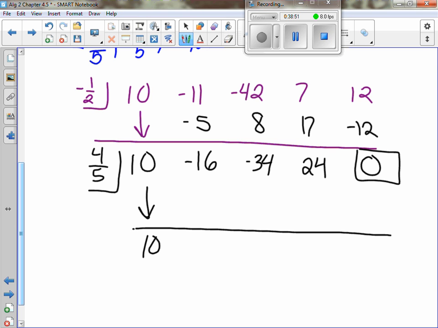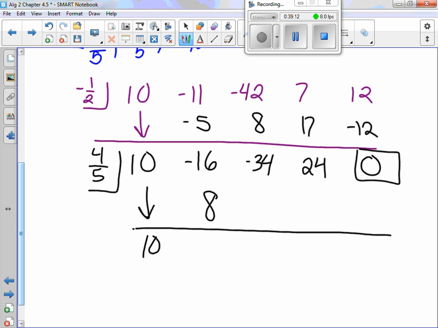Because 4/5 times 10, well, 10 divided by 5 is what? 2, yes? 4 times 2 gives me 8. Four-fifths times 10 should give me 8.